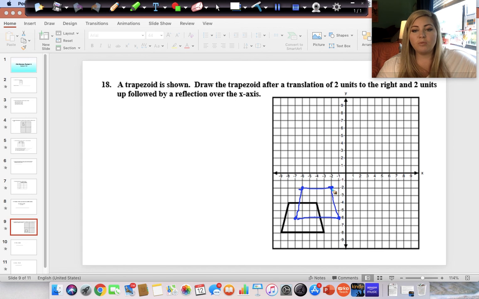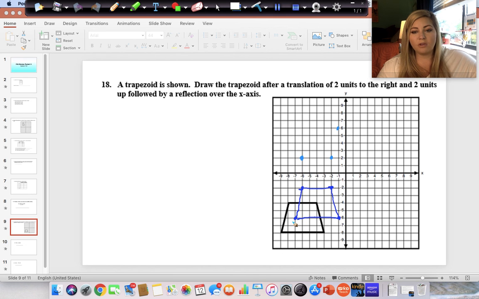If this is 2 below the x-axis, we want to go 2 above the x-axis. This one is here and then 6 above the x-axis because right now this one is 6 below. It's at -1, -6, so we want to go -1, +6. This is 2 below, so we want to go 2 above.